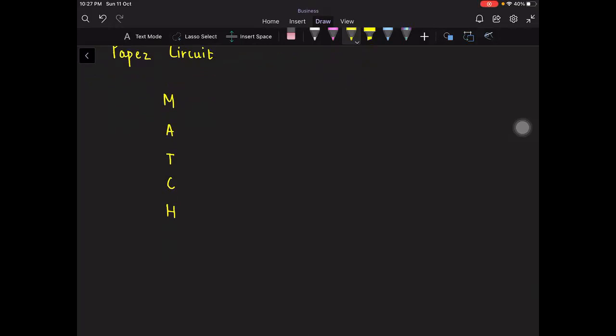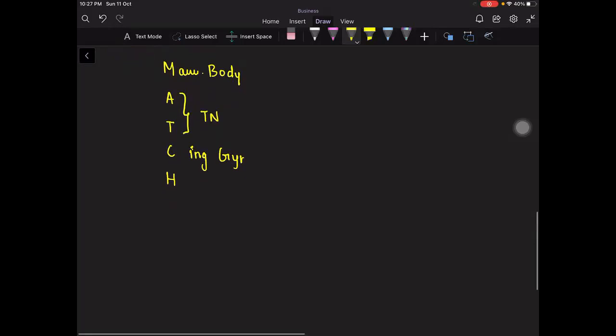What are the full forms of these? M is essentially your mammillary body. AT is essentially your anterior thalamic nucleus. C is your cingulate gyrus. And H is your hippocampus.